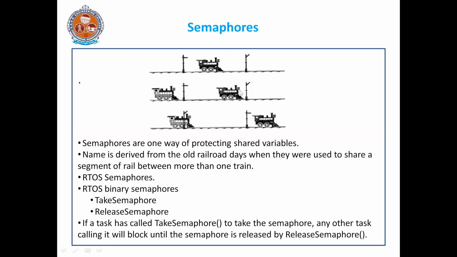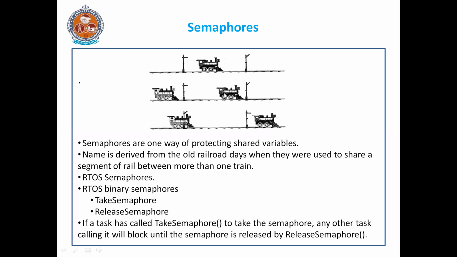Once this train leaves the section, this semaphore is up, so the waiting train can enter the next section. Once it gets into this section, the semaphore will be lowered again because now the train is in this section.